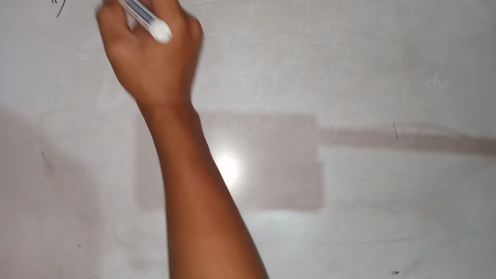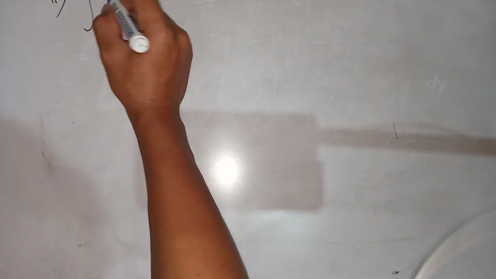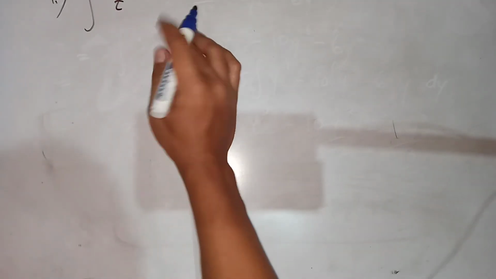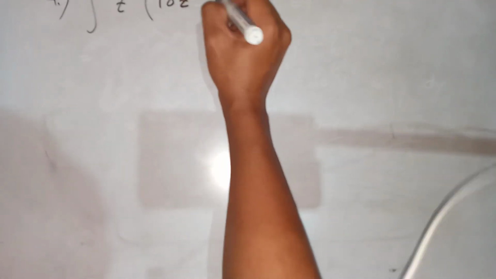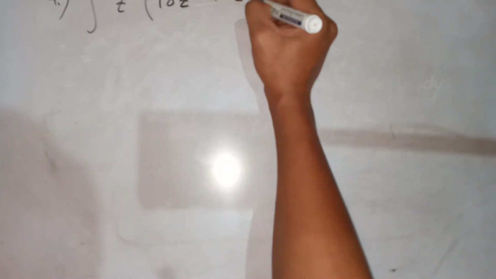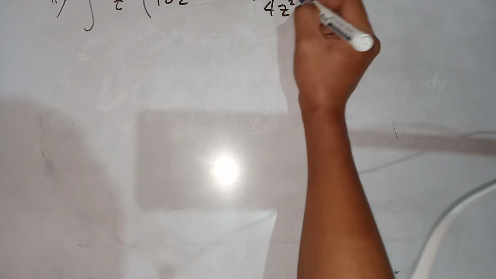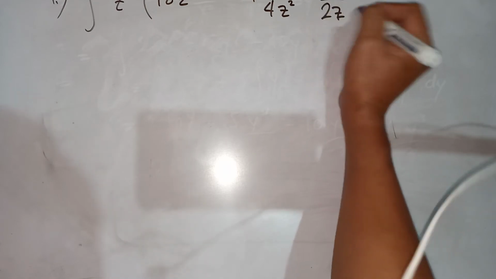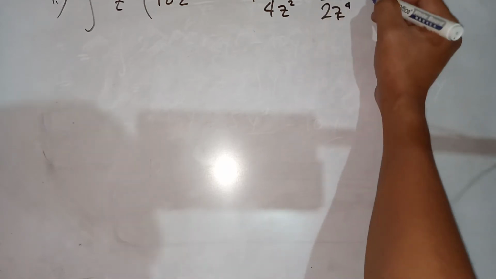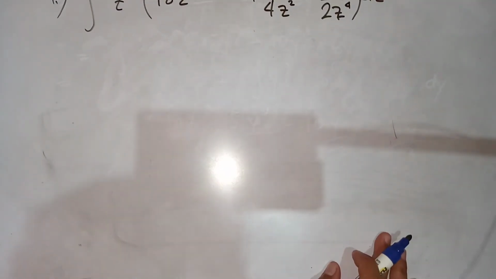Let's proceed to item number 4. We have integration of z cubed times 18z squared minus 10z plus 3 over 4z squared minus 5 over 2z to the 4th dz.